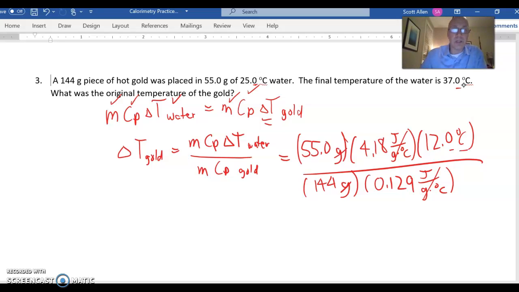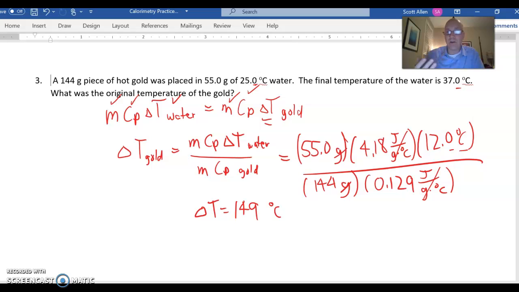All right, so plugging this number into your calculator gives this number right here, which if you look at the calculation, you can see that all of those have 3 significant figures, which means round to 3 sig figs. So delta T, which is what we were solving for, is equal to 149 degrees Celsius. All right, but that's not the final answer.